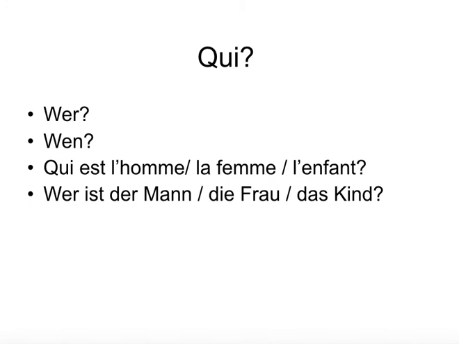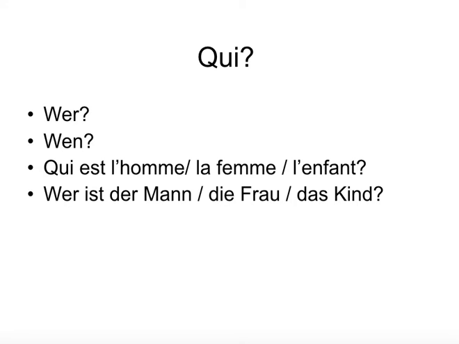Der Mann ist mein Vater. Ja, so, wer ist der Mann? Wer ist die Frau? Wer ist das Kind? You're asking again about the subject using wer, and the answer in that phrase would be der Mann ist mein Vater. Yeah, the man is my father. So the man and my father both are in the nominative case because the subject is der Mann.